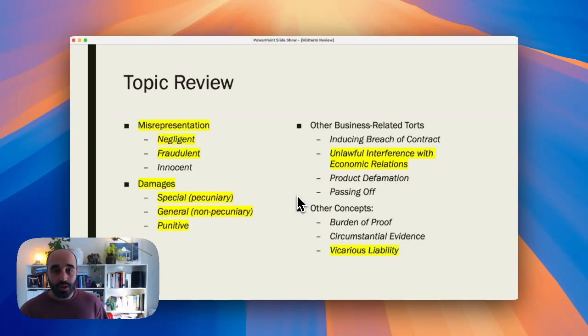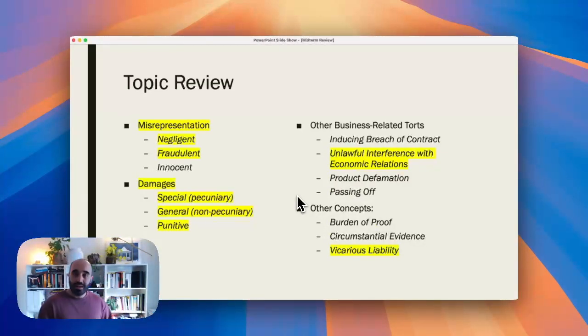And fraudulent, that is when the defendant makes a statement that is knowingly false. In both instances, the statements have to be false, and the only difference is whether the defendant knew it to be false and therefore fraudulently misled the plaintiff, or did the defendant not care and was reckless as to whether or not what they were saying was false, in which case it's negligent.